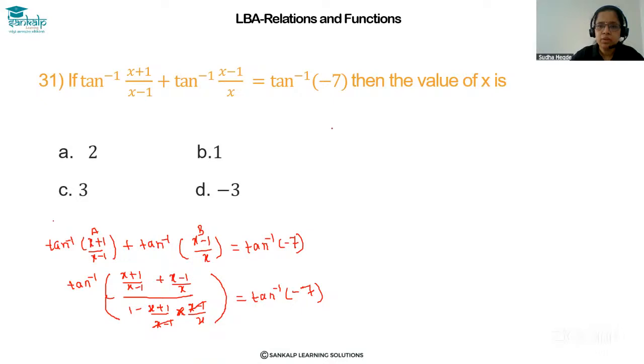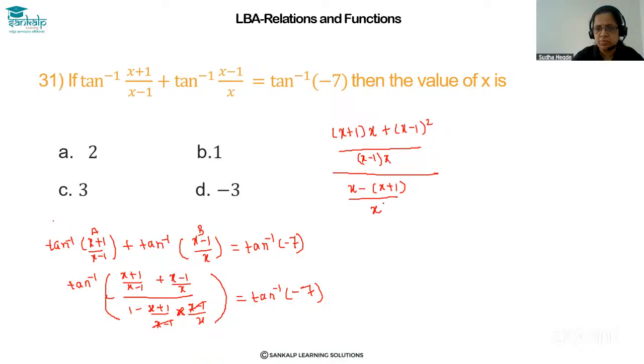So you will get it as ((x plus 1) into x plus (x minus 1) whole square) divided by ((x minus 1) into x) whole divided by (x minus (x plus 1)) divided by x.